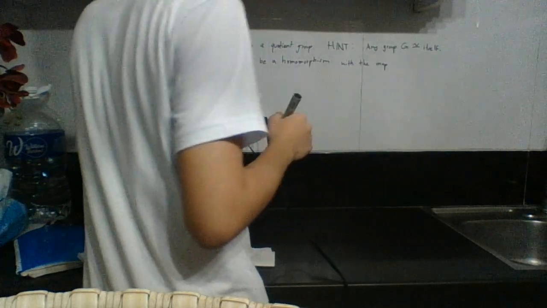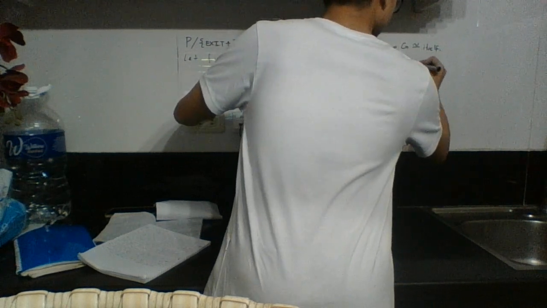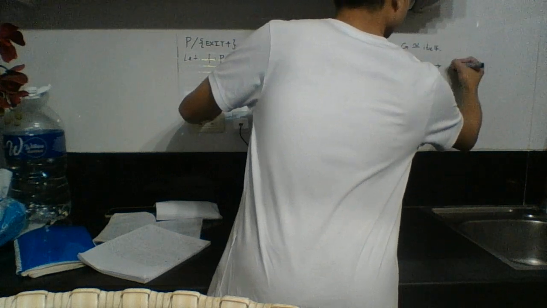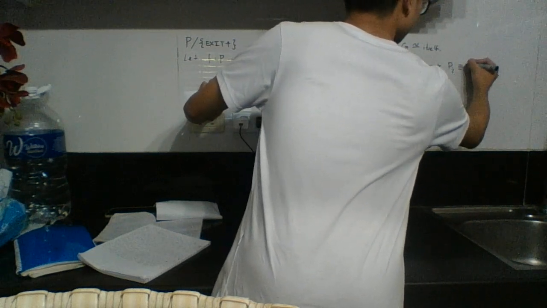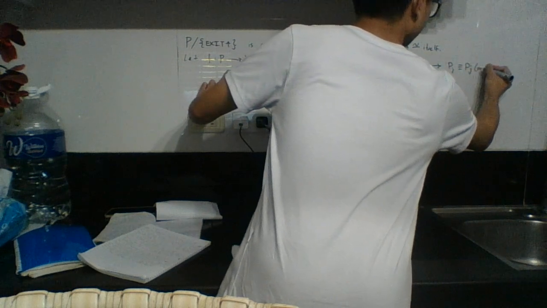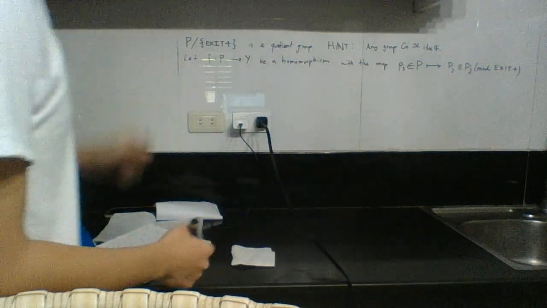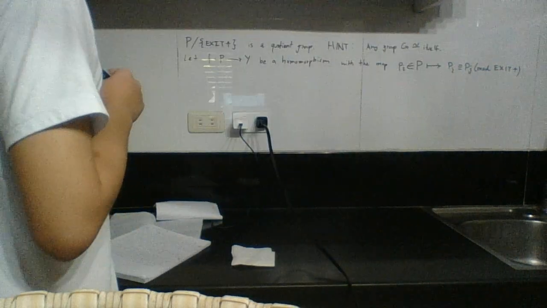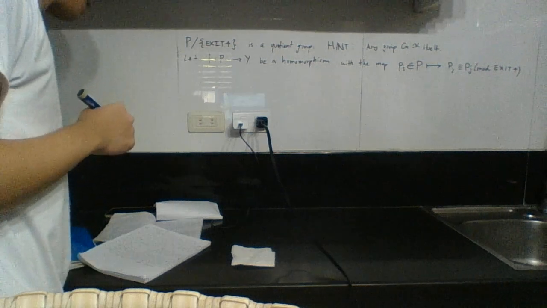Let it be a homomorphism with the map: each piece P sub i in P is mapped to some P sub i congruent to P sub j mod x up arrow. So that is our congruence relation there. Okay, so it's the map.